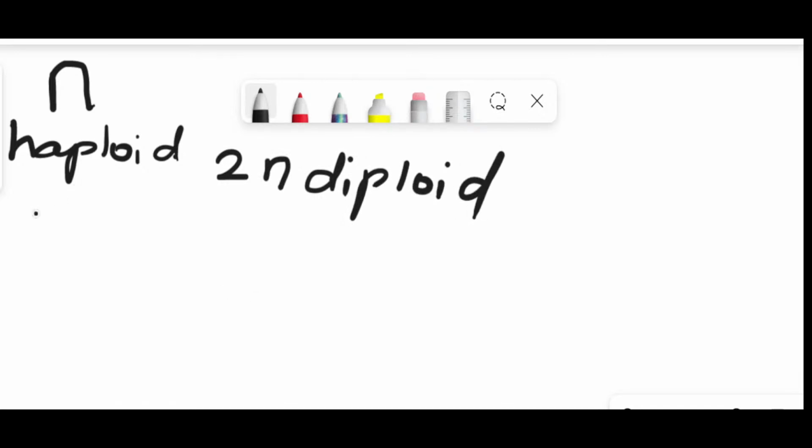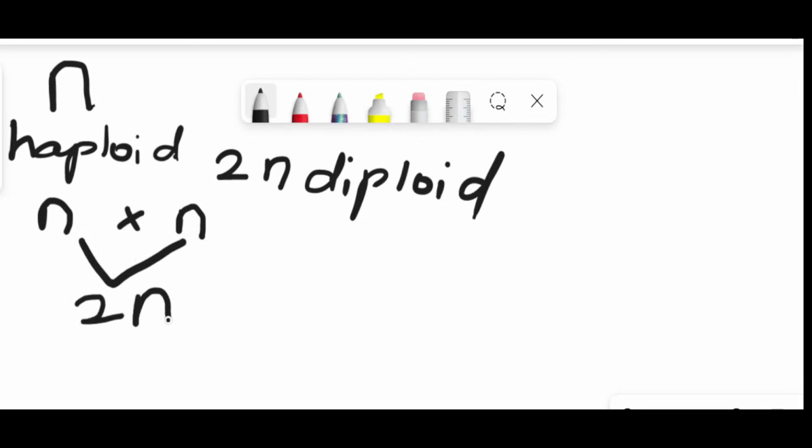ஓகே, சோ n ஒரு parent கிட்ட இருந்து வரும், இன்னொரு n இன்னொரு parent கிட்ட இருந்து வரும். Example இது male கிட்ட இருந்து வருது, இது female கிட்ட இருந்து வருதுன்னா ரெண்டுமே combine ஆகி, that is fuse ஆகி நமக்கு 2n produce பண்ணுது. So the organism will contain 2n number of chromosomes.